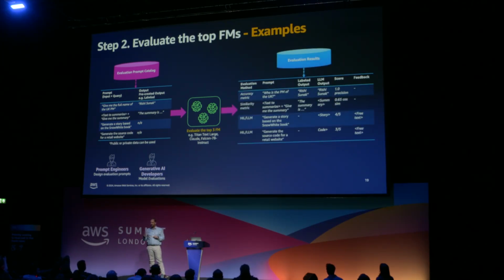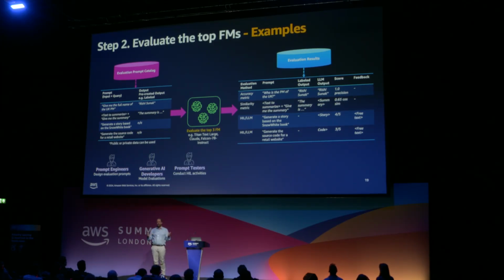The outcome will be, per row, we will have the example output, the LLM output, and the score if we have a metric that we can produce automatically. If we don't have a metric, then what will happen is we will have a score from the evaluators, either human or LLM, 4 out of 5 stars, and a free text to describe the feedback.